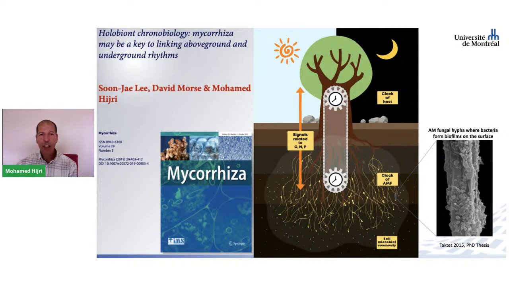With that concept, I have introduced a concept of holobiont, and here we are presenting a tree with its microbiota. The whole system, the whole ecological unit, is using chronobiology to synchronize all these biological rhythms. And how are these biological rhythms controlled? They are controlled through signals, typically carbon, nitrogen, and phosphorus.